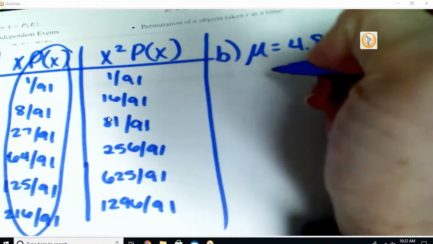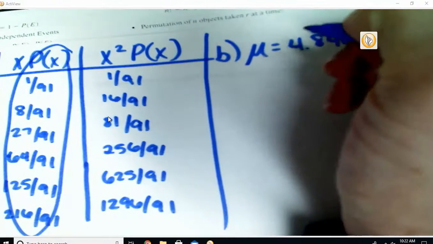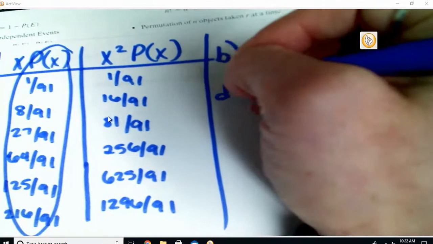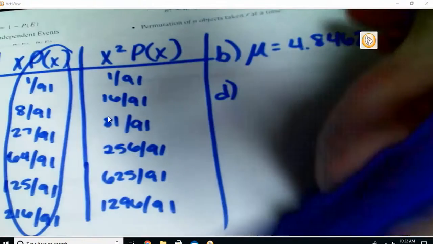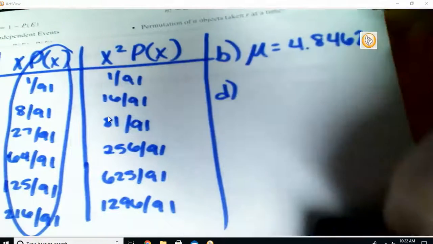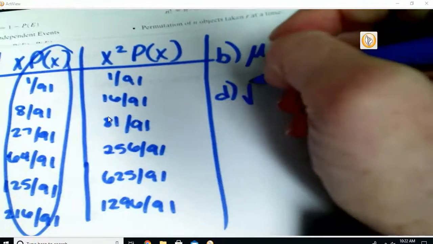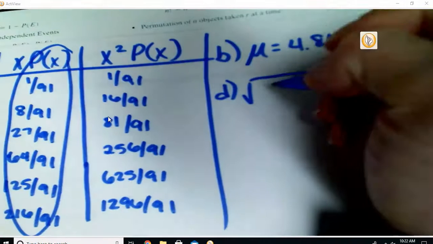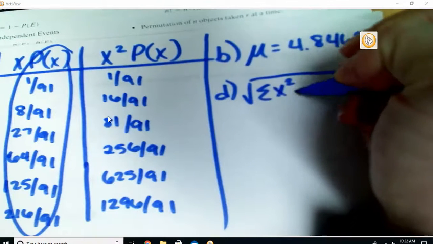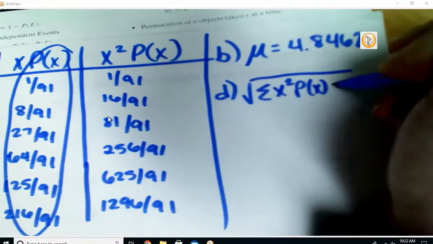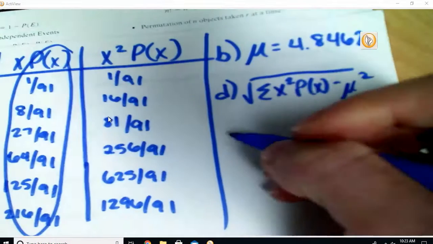Okay, C and D are very closely related. I'm going to jump to D for a second because it asks for the standard deviation. And your formula sheet has standard deviation on it. It tells you it's the square root. It gives you two possibilities. And the easiest is probably to do the second one, the square root of the sum of the x squared p of x minus mu squared.